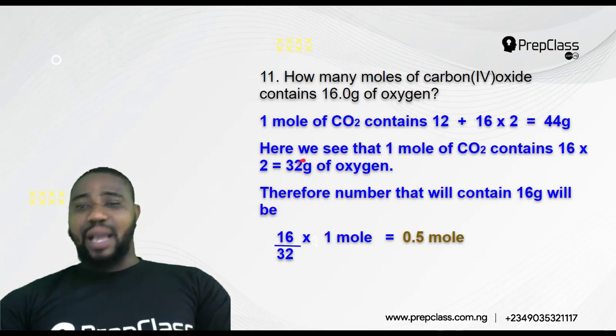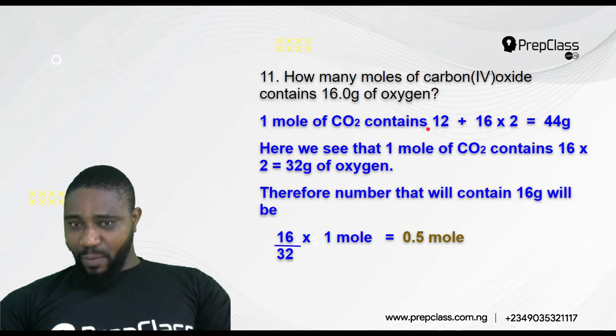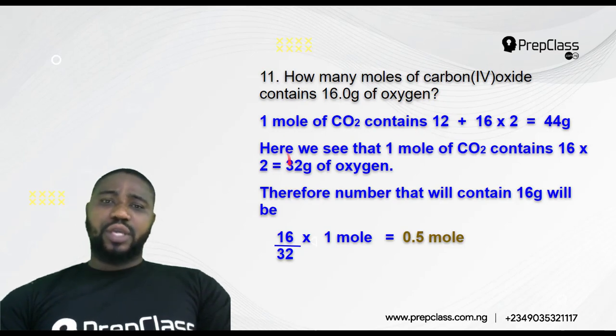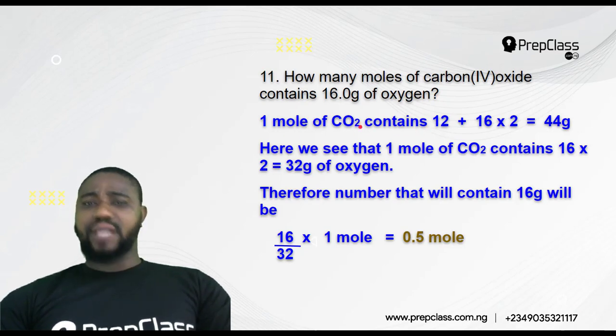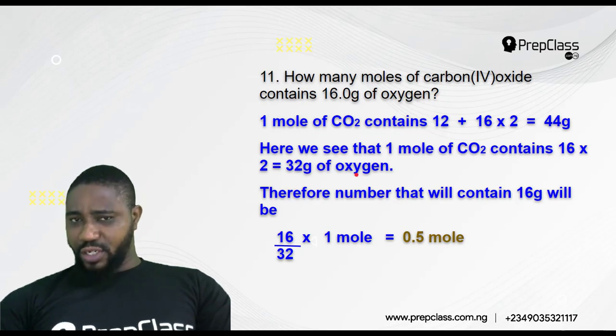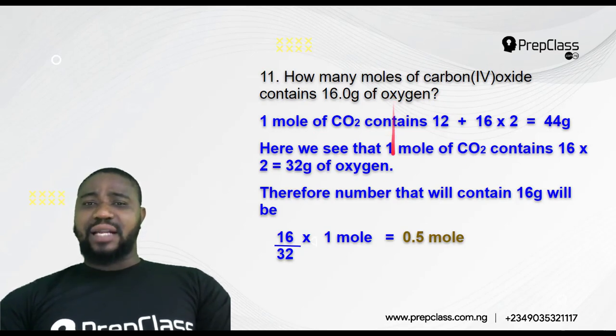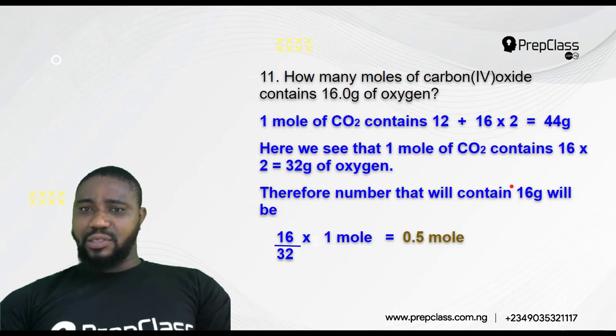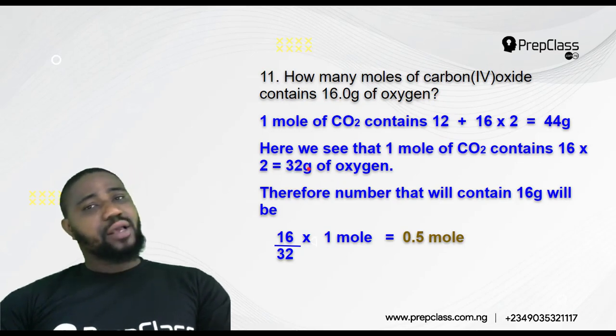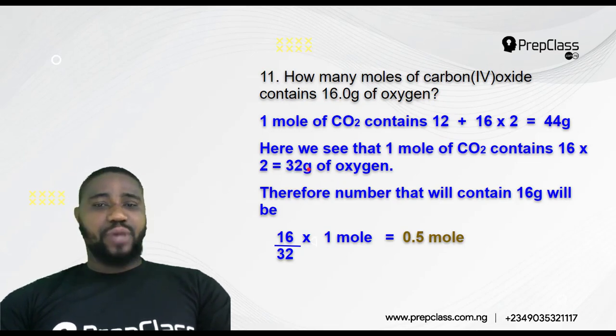So taking this carbon 12 as a standard for measuring 1 mole, if that 1 mole contains 32 grams of oxygen, therefore we can now be sure that the amount that will contain 16 grams, which is half of this 32 grams, will be half. It will be half mole.